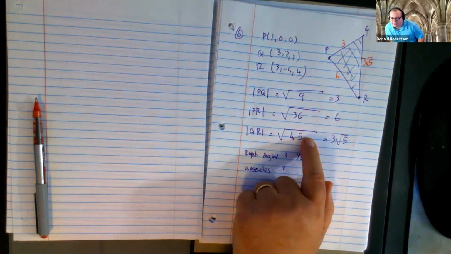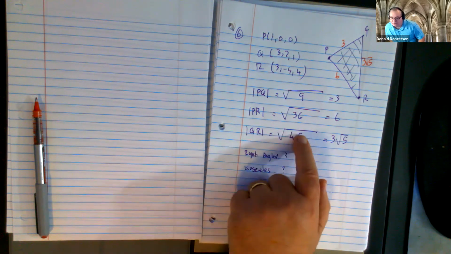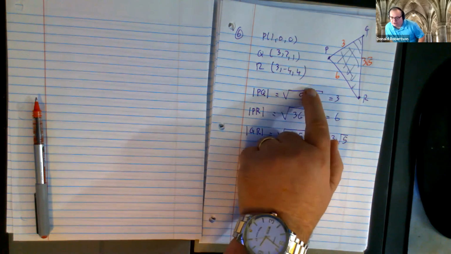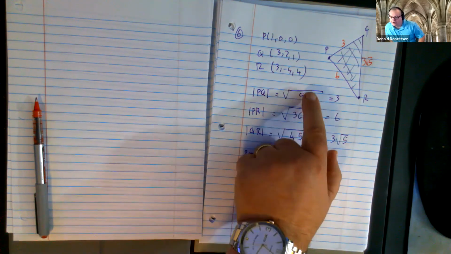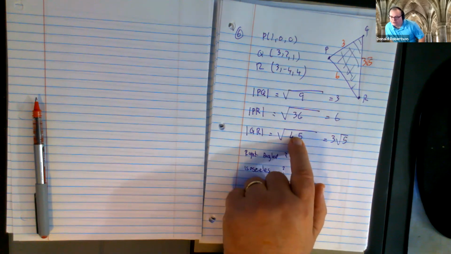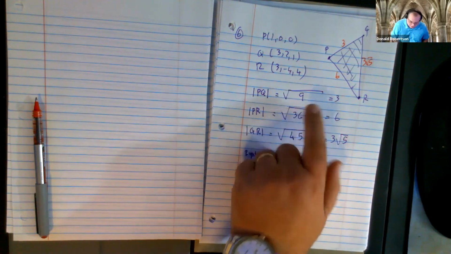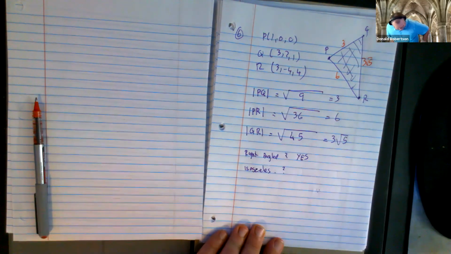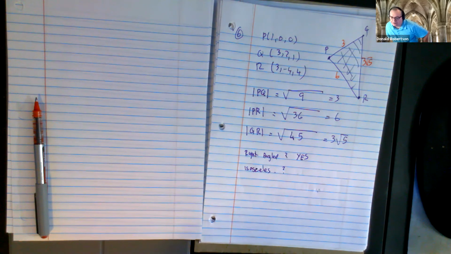It basically says if the biggest one squared is equal to the other 2 shorter ones squared and added, it's right angled. These are 45 and 45, so that makes it yes. It could also at the same time be isosceles. It might not be, but it could be. Is this one isosceles?